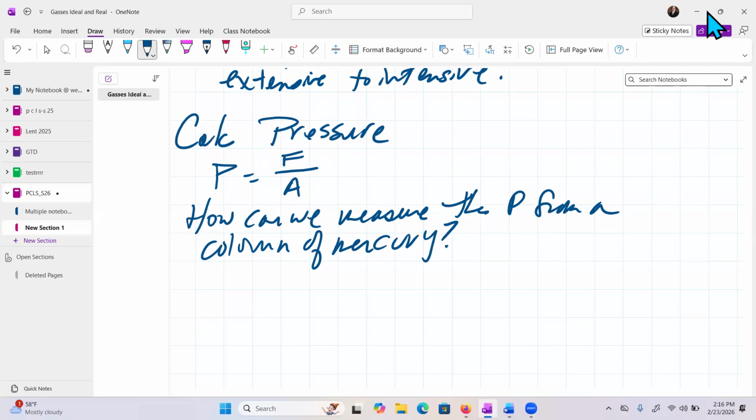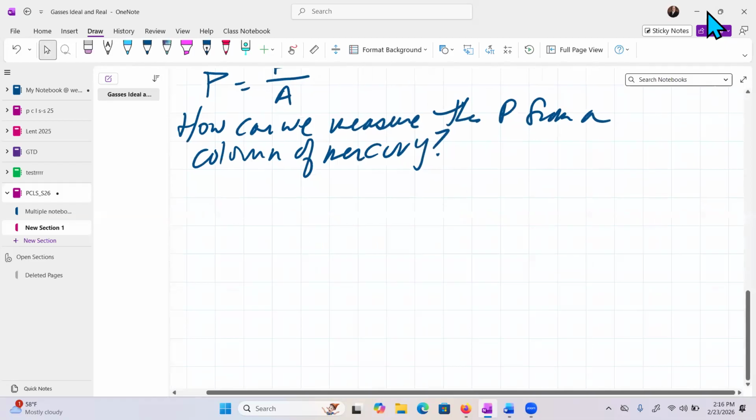A lot of these thermometers aren't used anymore because, of course, consuming mercury is a bad idea. But in fact, this is how the very early thermometers worked. So the situation is actually a pretty simple one.